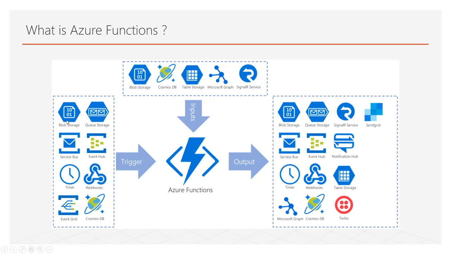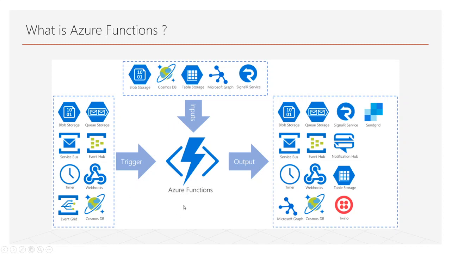Suppose some file has been stored in Azure blob storage and you want to tell the administrator that this file has been stored. So it can trigger an Azure function. Or you have developed a messaging queuing system and you are storing something in the service bus queue. It will trigger the Azure function. So these are the triggers.